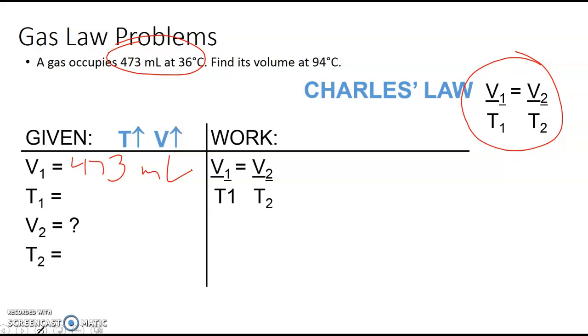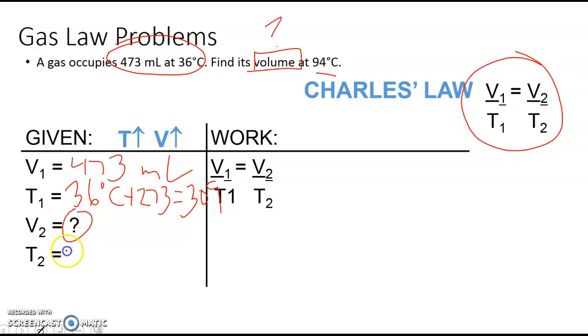Now, 36 degrees is what we have, but that's in Celsius. Remember, we don't want that in Celsius, so we just add 273 to that, and we get 309. A little messy, but works. We want to know the volume, so there's our question mark, and then our temperature, 94 plus 273, will equal 367.